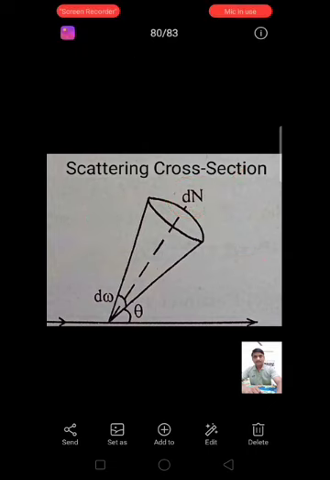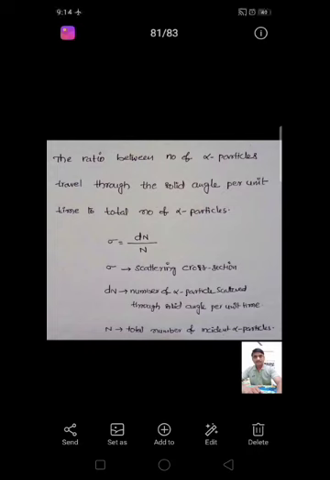So let us see the definition of this one. The ratio between the number of alpha particles traveling through a solid angle per unit time to the total number of alpha particles incident is known as scattering cross section.